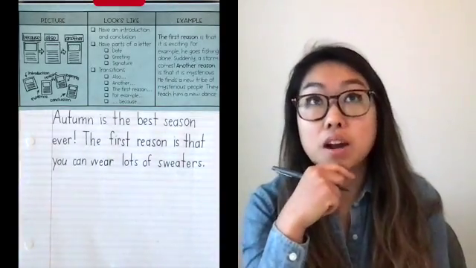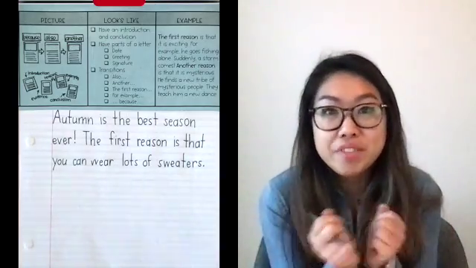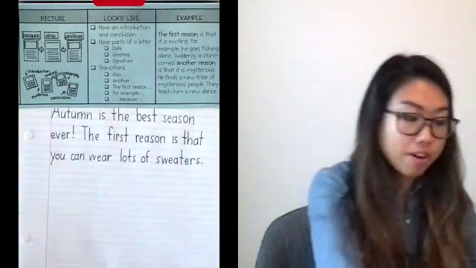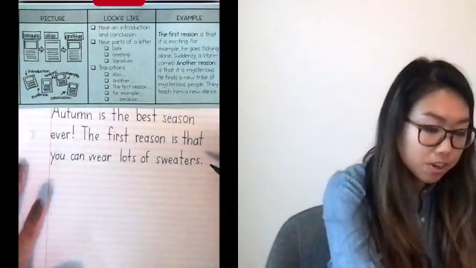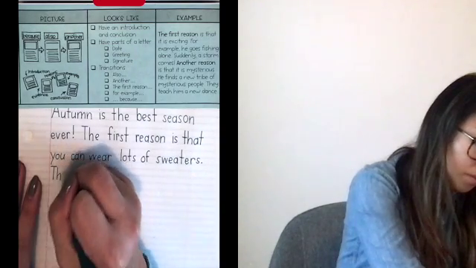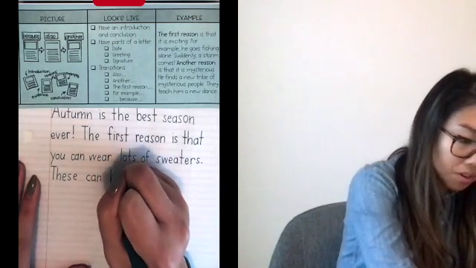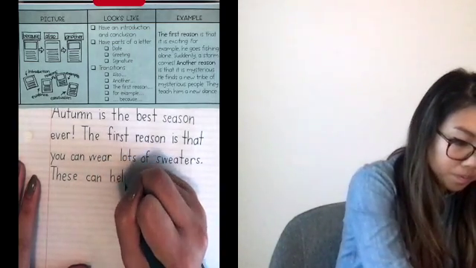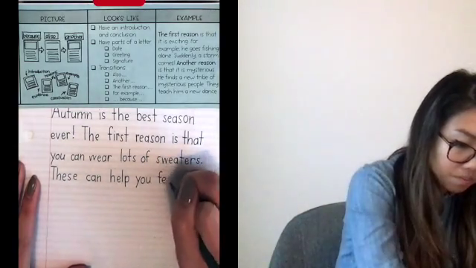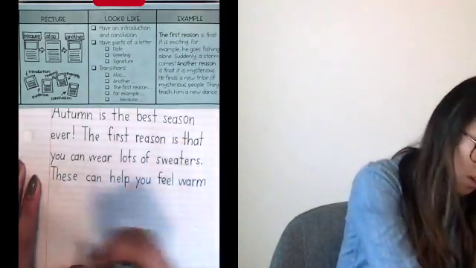I really like to wear sweaters because they're warm and cozy. So they help me feel warm and cozy. So I can add on to my thinking by writing another sentence. So the first reason is that you can wear lots of sweaters. These can help you feel warm and cozy.